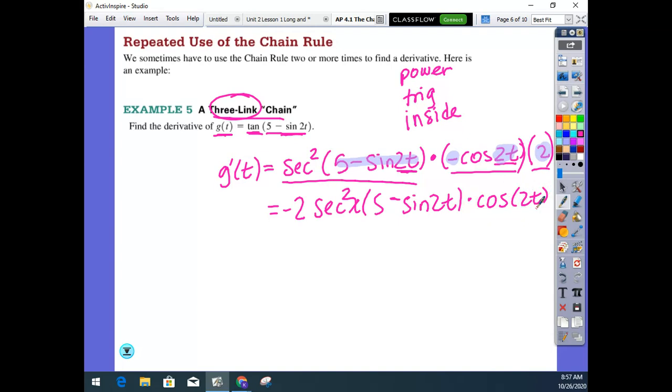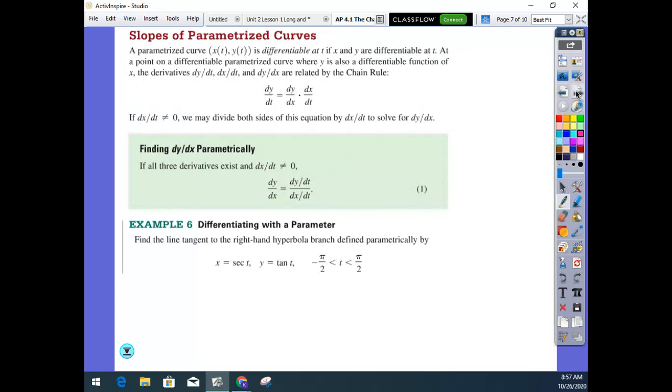And that would be my simplified version. All right, so we were talking earlier about how you can sometimes use multiplication. dy/dt equals dy/dx times dx/dt, where these variables match, so you can cancel it.